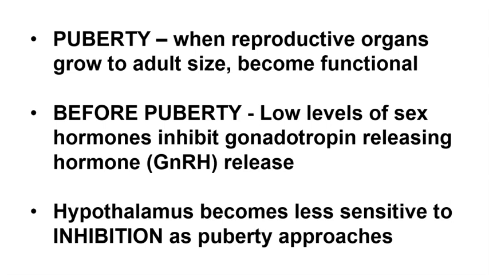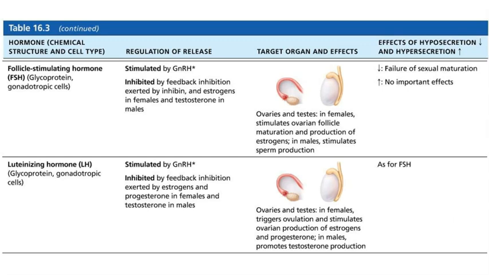As the age of puberty approaches, the hypothalamus begins to mature and becomes less sensitive to these low levels of circulating sex hormones. It will then start to increase its secretion of gonadotropin-releasing hormone, which is going to stimulate the anterior pituitary to then increase its release of luteinizing hormone and follicle-stimulating hormone. And it's those two hormones that ultimately result in the gonads beginning to mature.